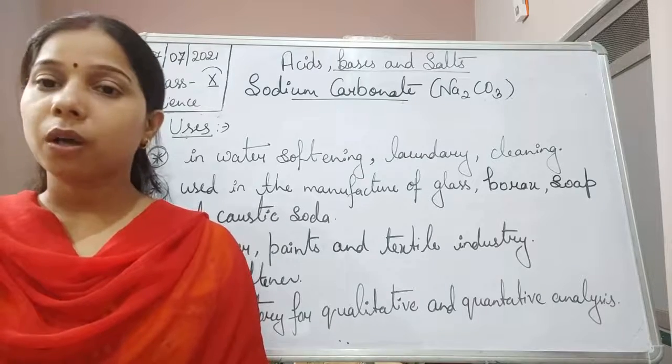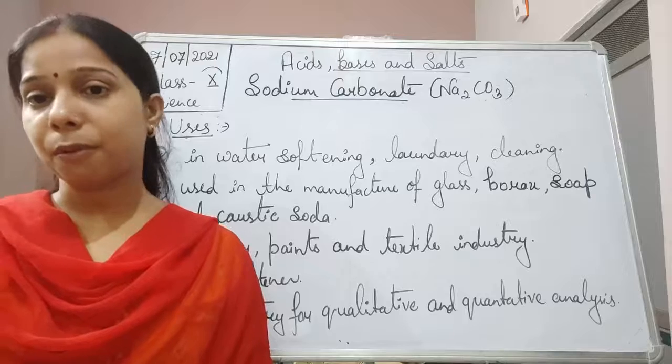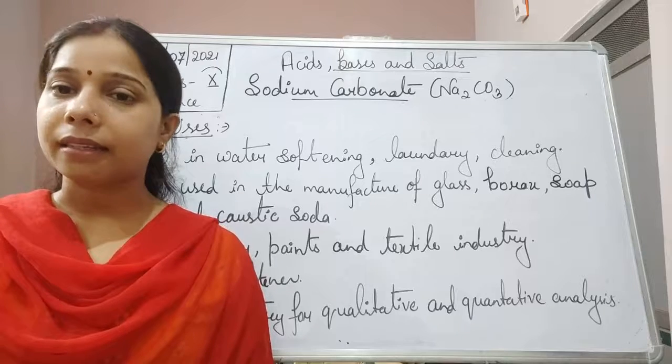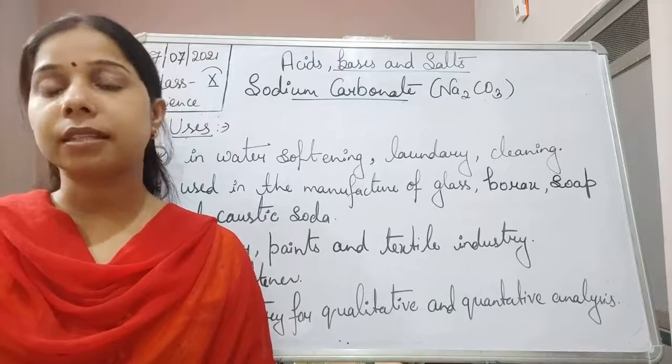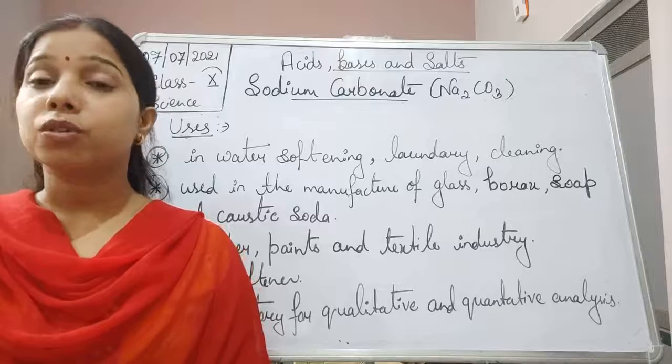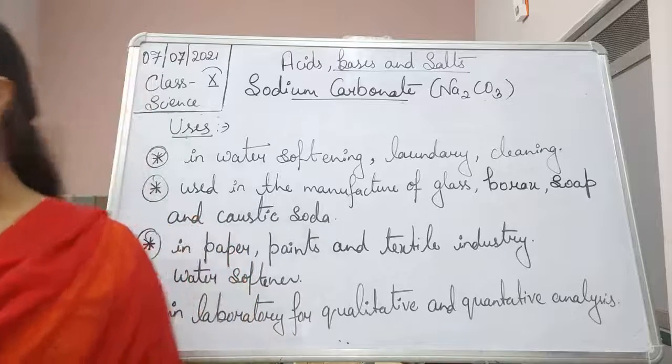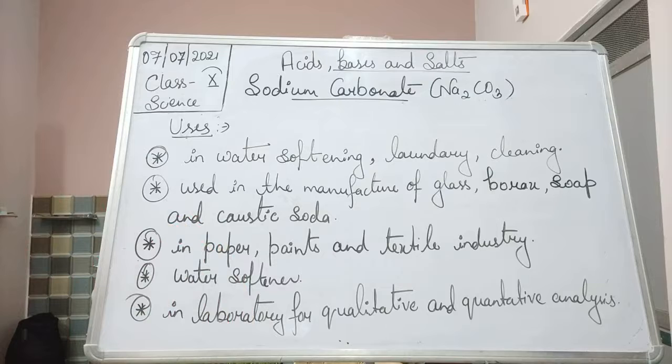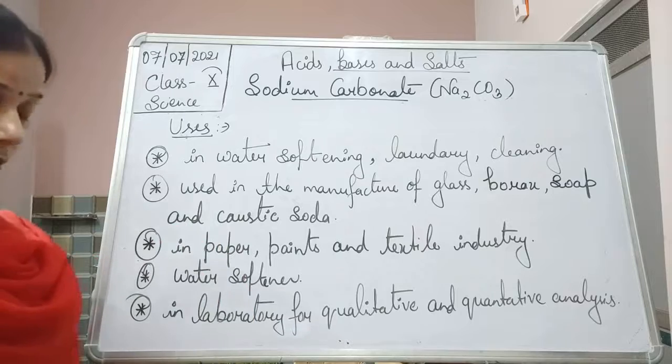Moving on, we will see the next type of compound, students, and that is calcium oxychloride, which is also called bleaching powder.